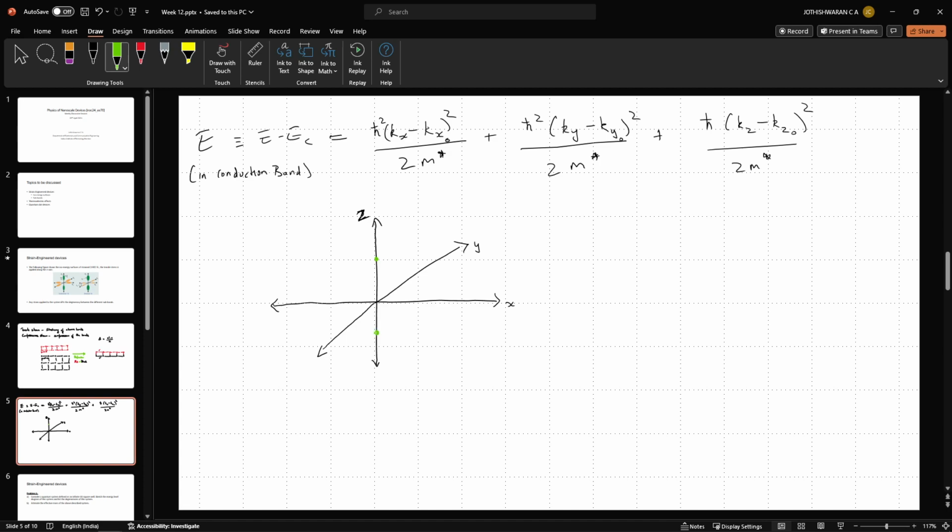This will be our plus minus kz naught, and this is going to be plus minus kx naught. The point is kx naught, ky naught, kz naught need not be the same.